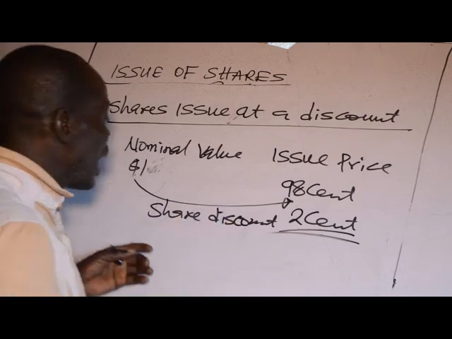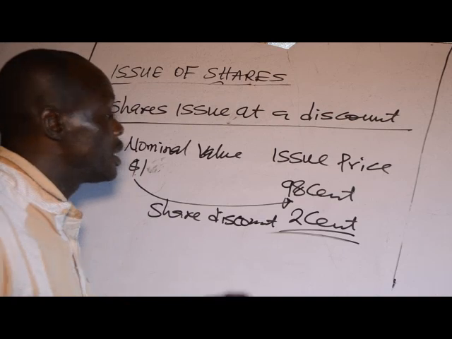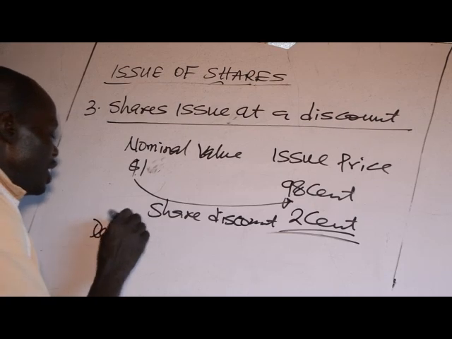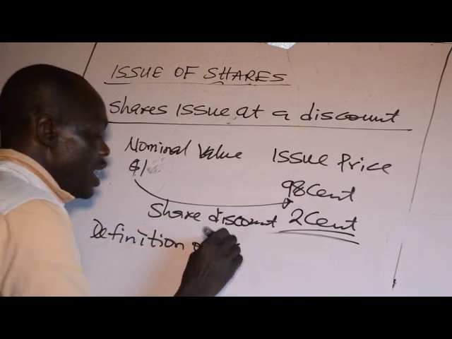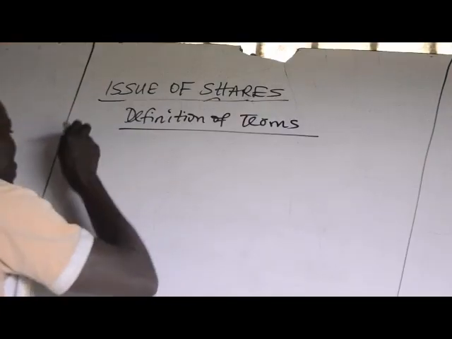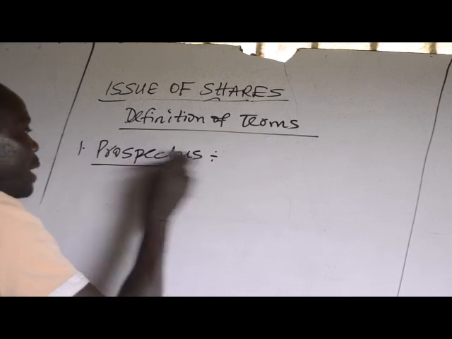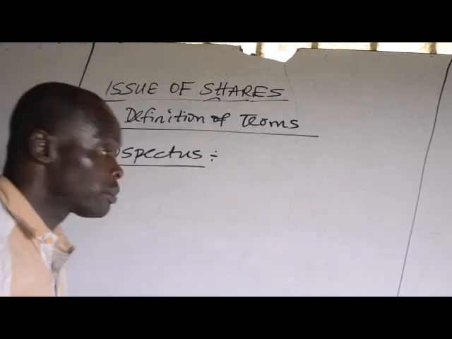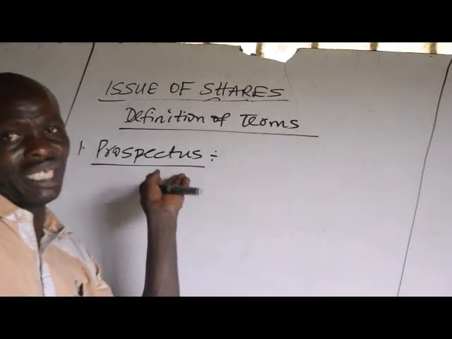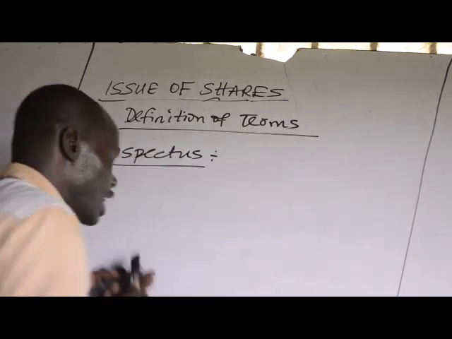Now, let's examine the common terms used in connection with the issue of shares. Definition of terms. Number one term we are going to examine is prospectus. Prospectus is a document in the form of an advertisement issued by public companies, inviting the public to subscribe for their shares.